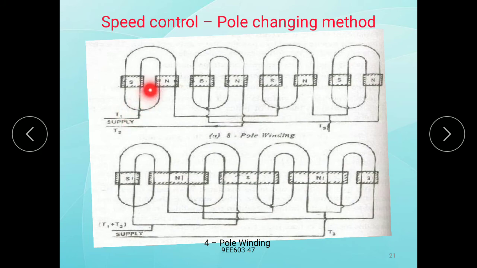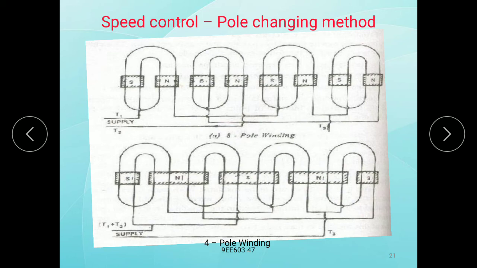Here the speed control is done in this way.